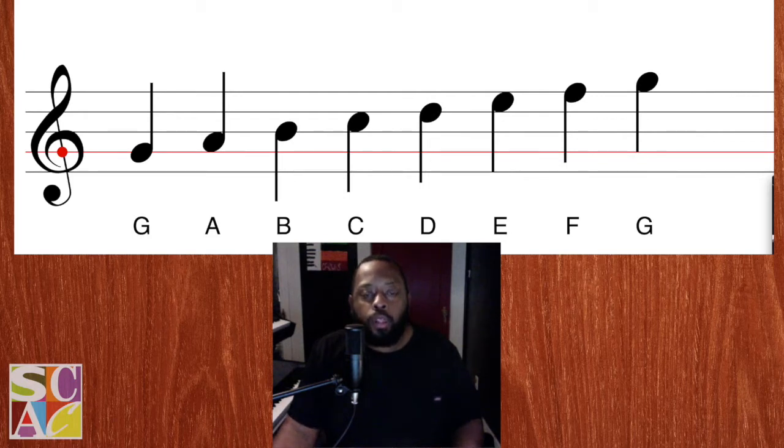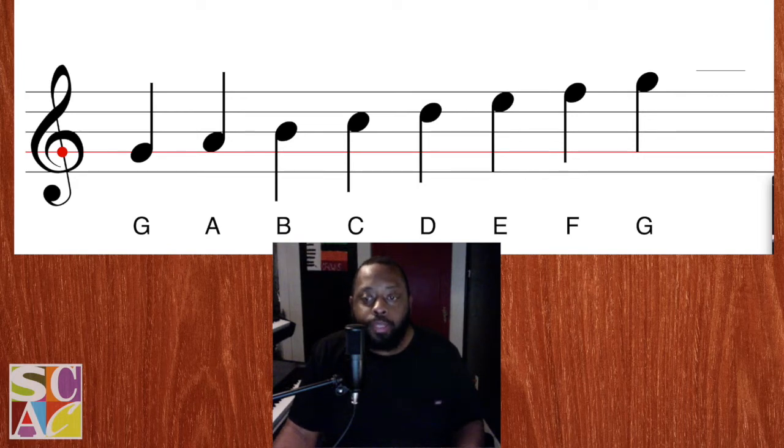They're called ledger lines, and ledger lines are an extension of the staff. As you can see, the second line, which is the G line, is highlighted in red. So what we're going to do is put it above the 5th line.